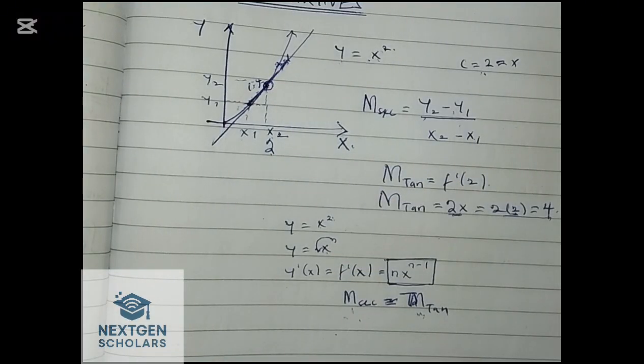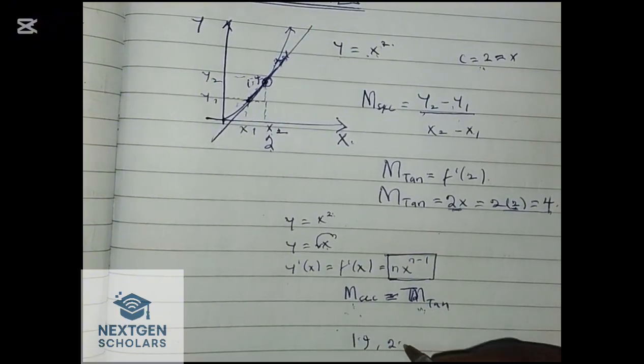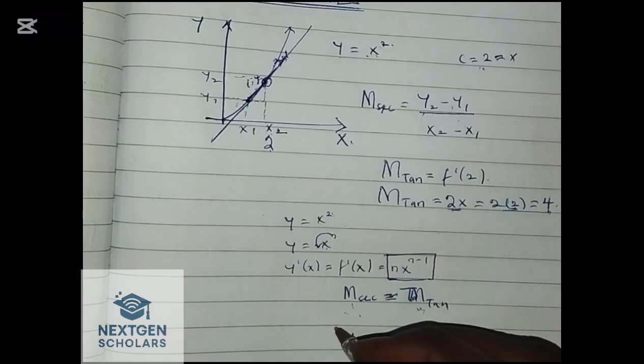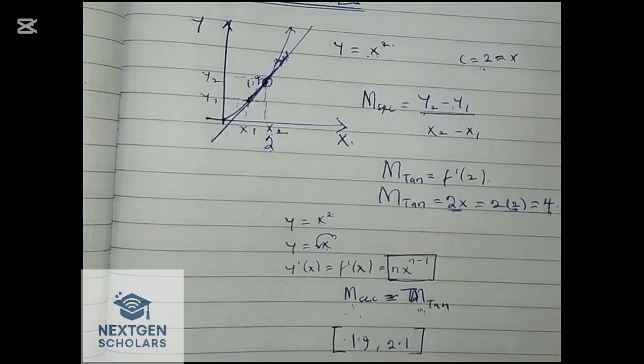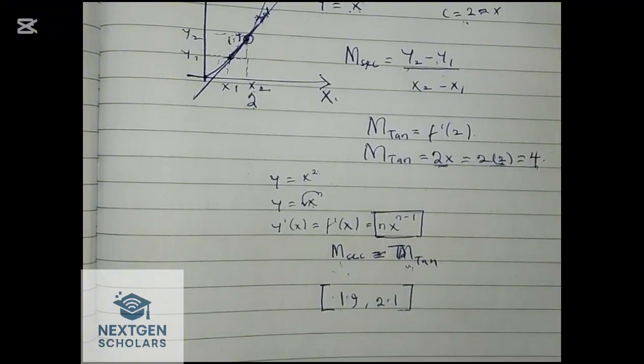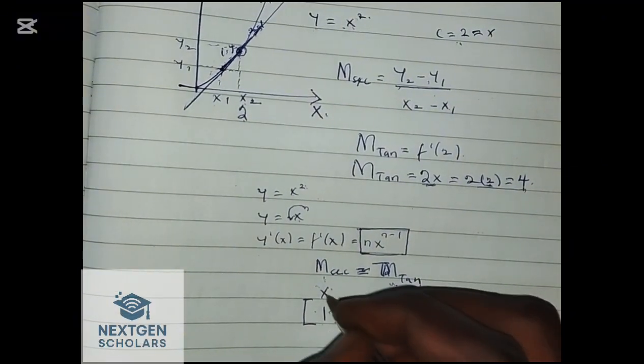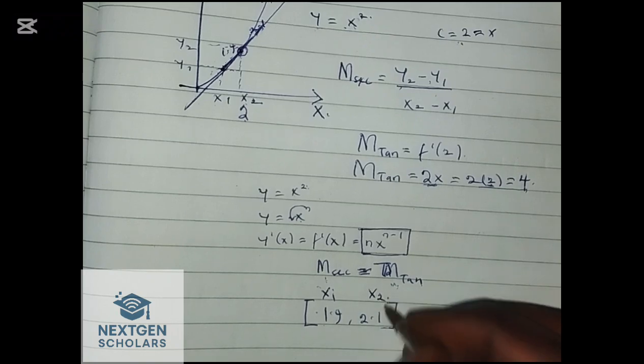So that point is enough. So we can use 1.9 and 2.1. Now this will be your x1 and this will be your x2.